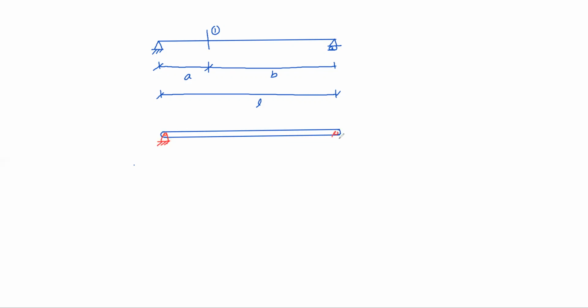These are the hinges. So we need to make an internal hinge at the required location, and after making that internal hinge, just turn. By turning, it takes this shape.